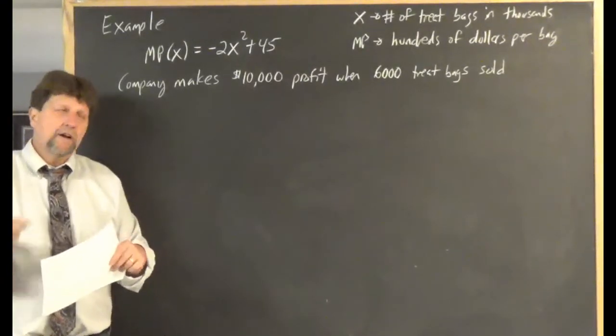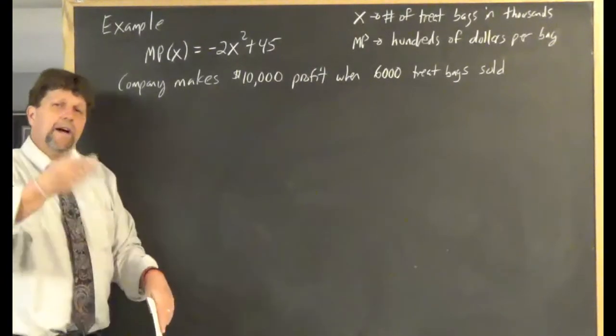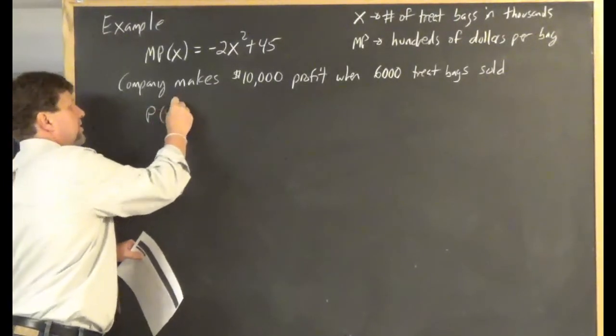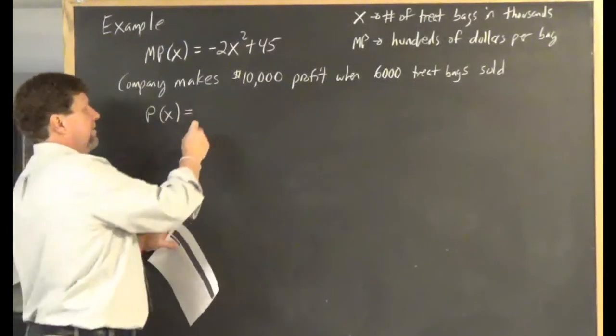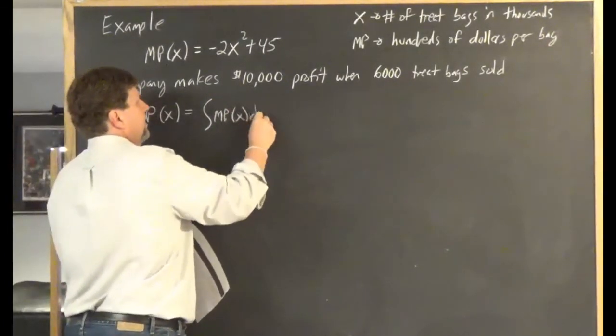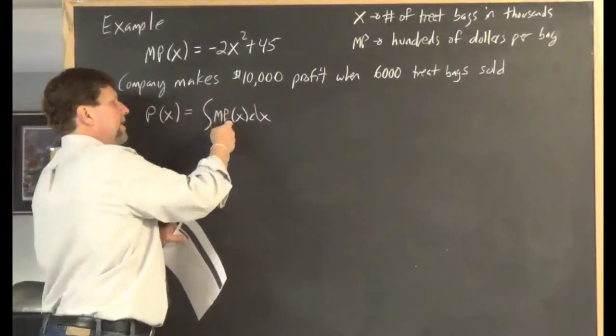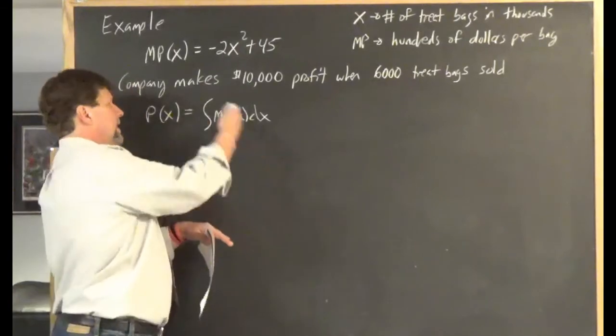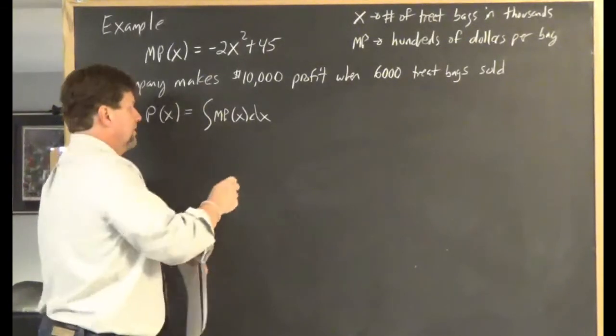So to get started, to recover the profit function, remember P of x is the profit function. To recover it, you have to integrate marginal profit. Integrating a derivative, integrating a rate function, they undo each other. That's how we recover the profit function.